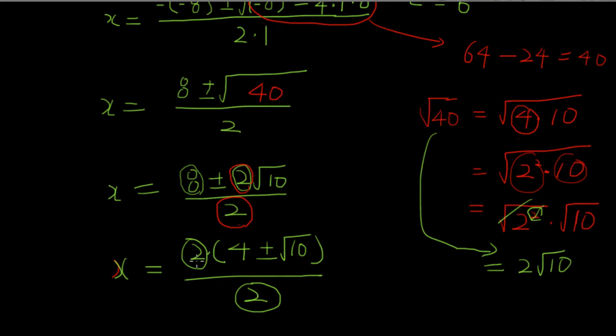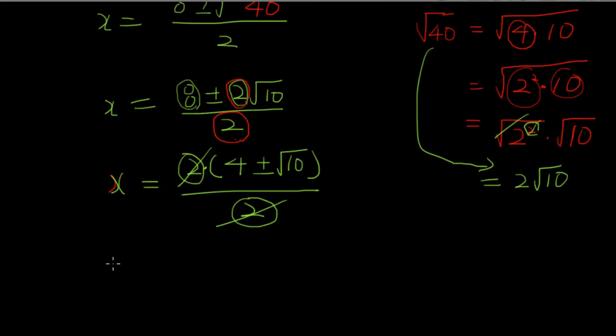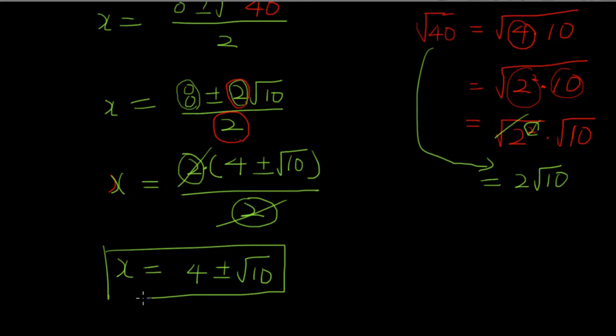Why? Because this 2 now is connected with the rest of the bunch with one multiplication only. Now you can cancel like that. Then finally your answer is going to be 4 plus minus square root of 10, which is what we had in our last example.